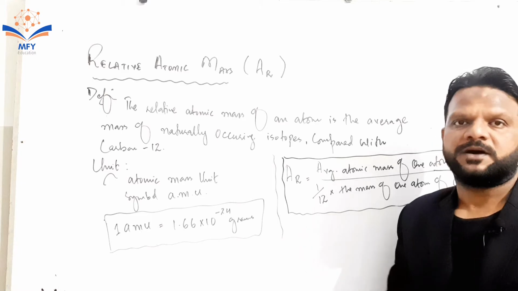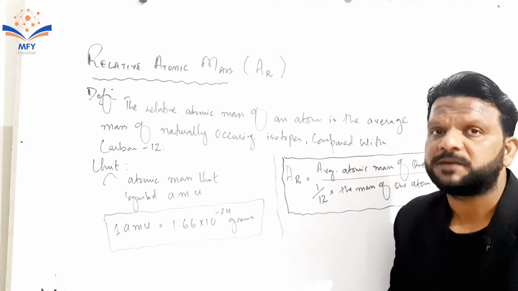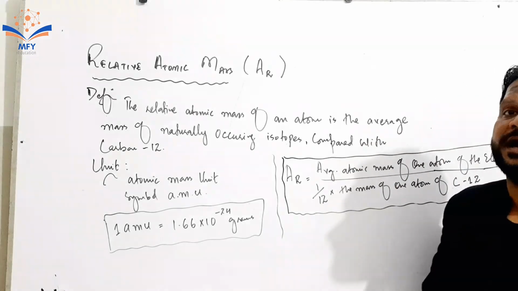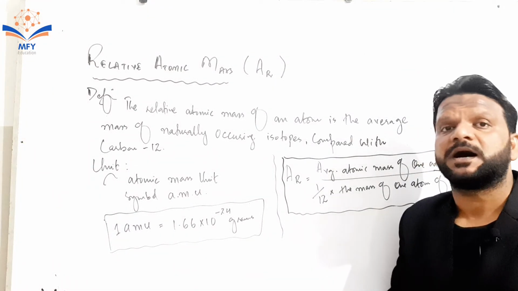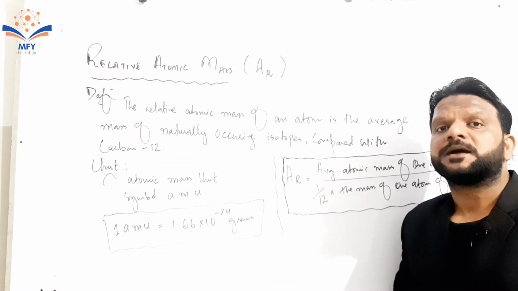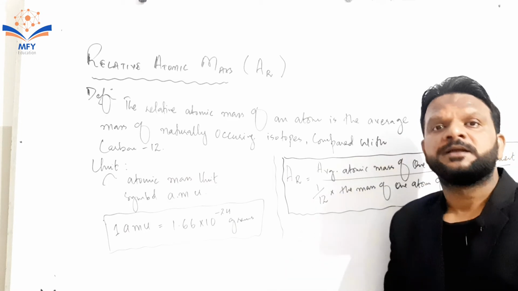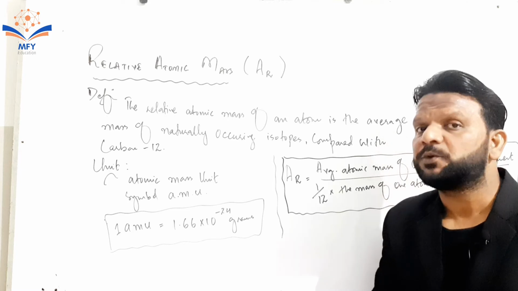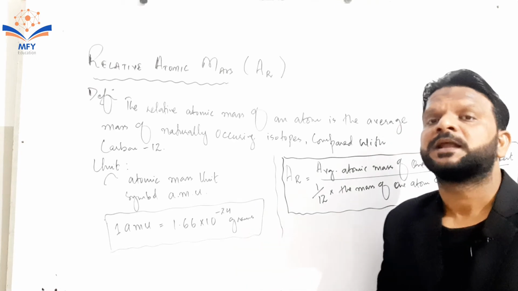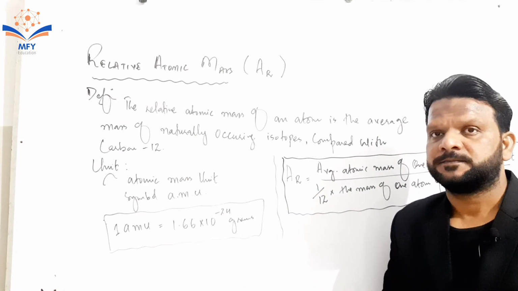So I just repeat it. What is the relative atomic mass? The relative atomic mass of an atom is the average mass of naturally occurring isotopes compared with carbon 12, and the unit of relative atomic mass is AMU, with symbol AR.